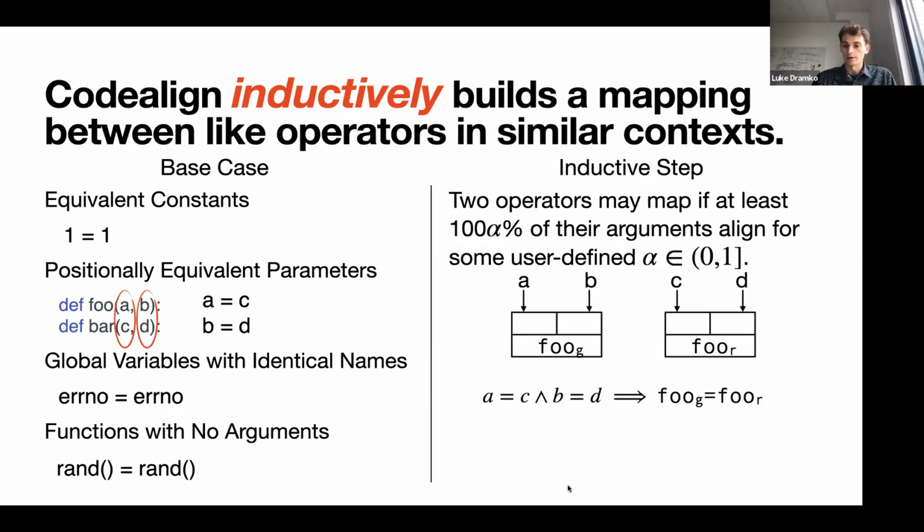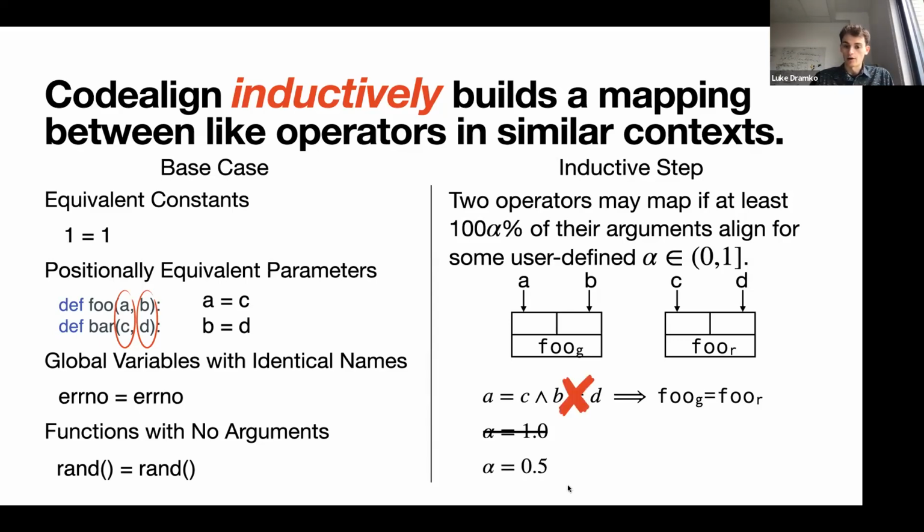So if we have this foo function, one of the generated, one of the reference, in order to align these two, at alpha equals 1.0, A would have to be aligned with C, and B would have to be aligned with D in order to conclude that the generated foo function aligns with the reference foo function. But if we lower alpha, we can soften this condition.